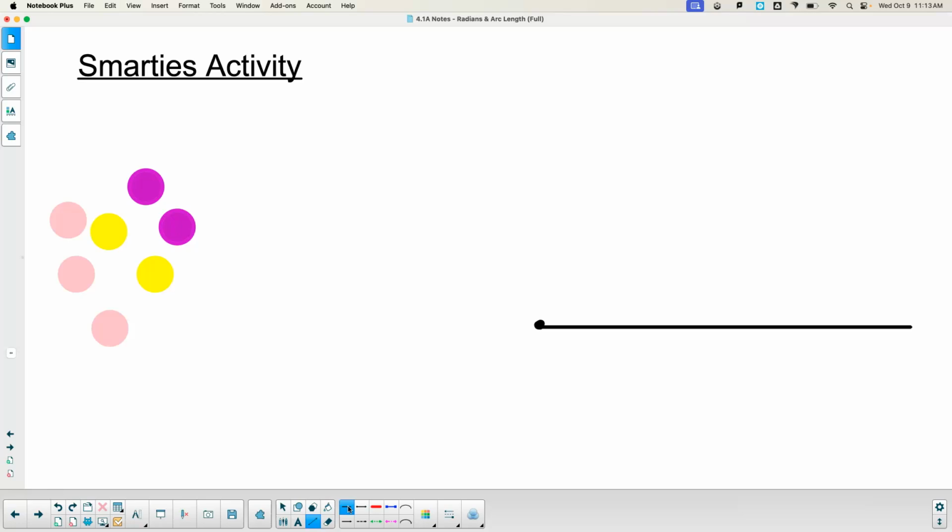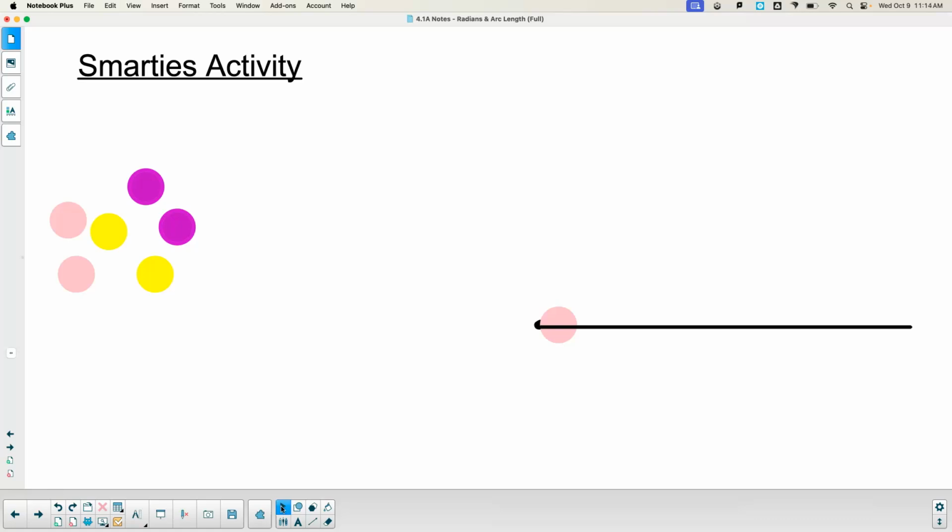Okay. All right? So now what I want you to do is place your Smarties along the radius that you drew, or the line that you drew. And here's how you're going to do it. You're going to take your Smartie and get it right smack dab in the middle, like you've got to cut through a diameter of your Smartie.